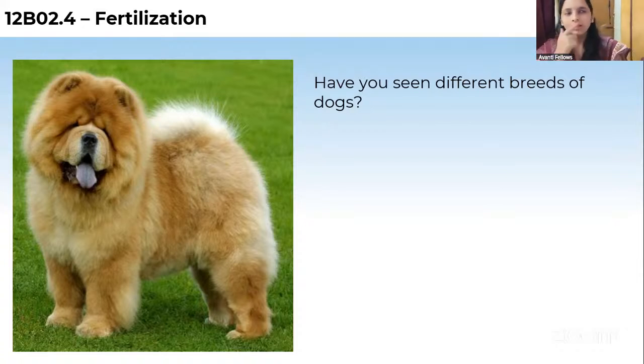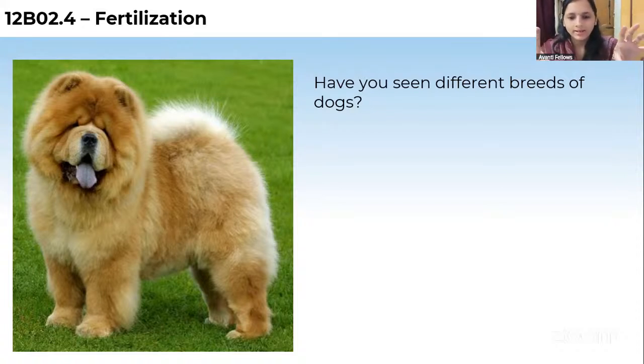For example, we saw a dog that has very good hair, very cute, and good eyes. What we want to do is cross that dog with another dog which has other good characters, looking nice. We want the characters from dog number one and also from dog number two.